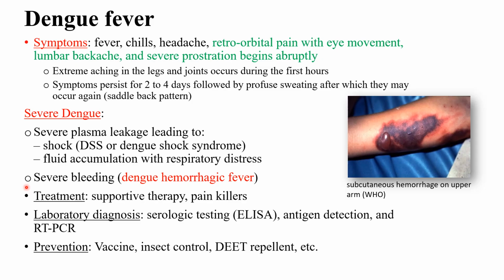However, we have now a vaccine for dengue fever, which is a live attenuated vaccine that contains the 4 serotypes of dengue, and this is important because we need to prevent infection by all serotypes, particularly to prevent the most severe forms of illness. And this is available for children and above, and particularly recommended for those who had a previous infection with dengue.